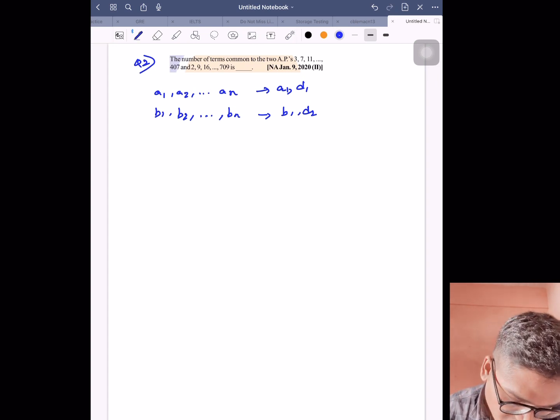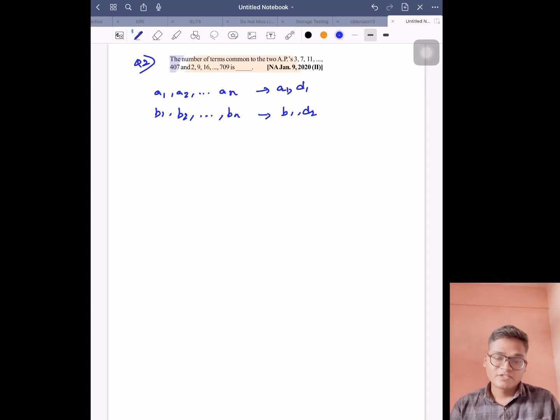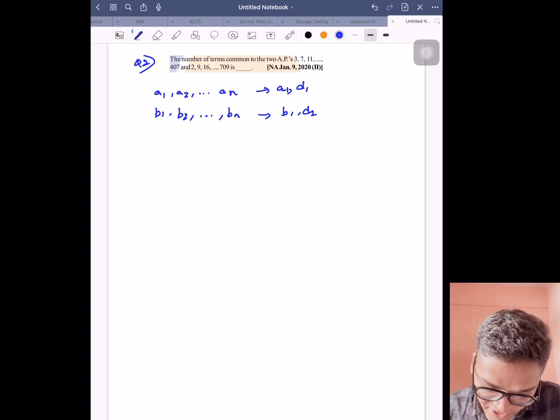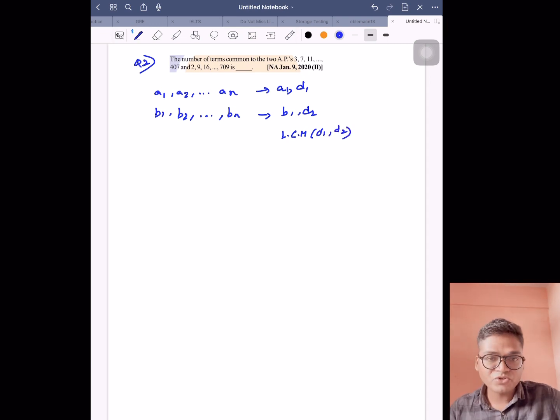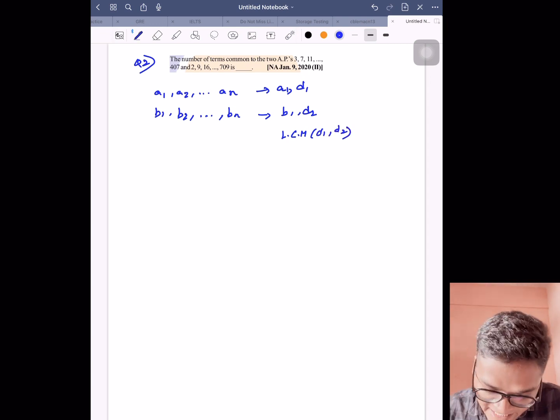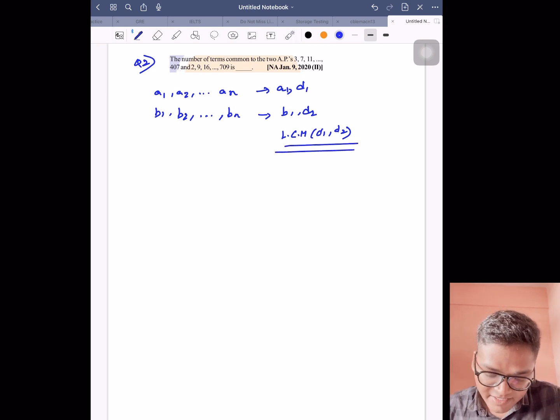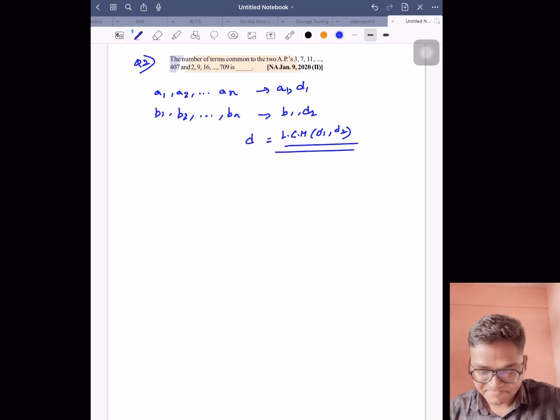If there is some common term between them, what will be the next common term? How to get it? If you take the LCM of the common differences of the two series, that LCM will become the common difference of the common terms.